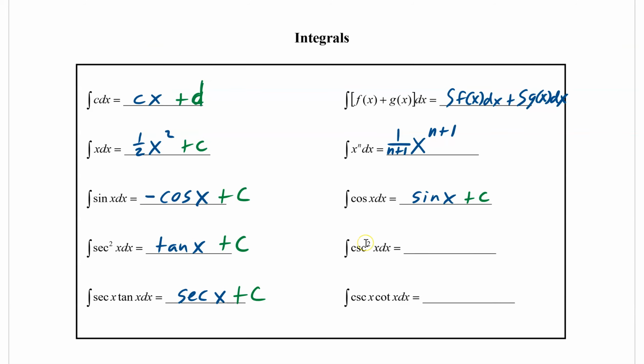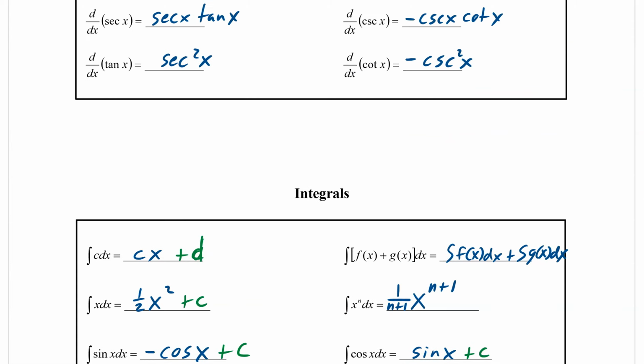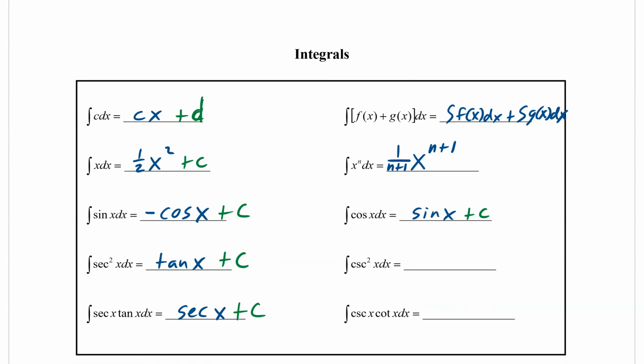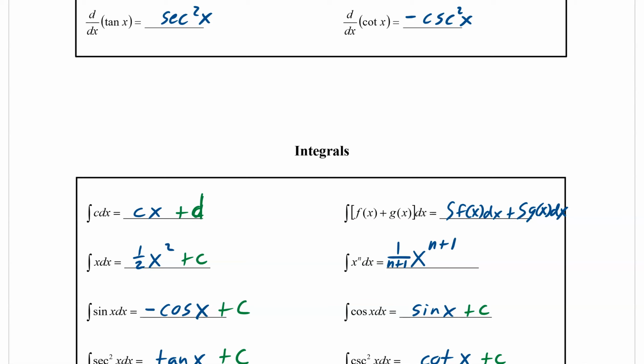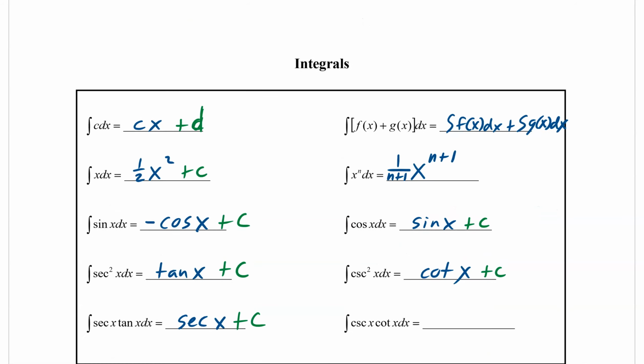And cosecant, so it's a co, right? Cosecant squared was cotangent. But again, if you go back and look at your cotangent, cotangent gave us negative cosecant squared. So we have to have that negative.